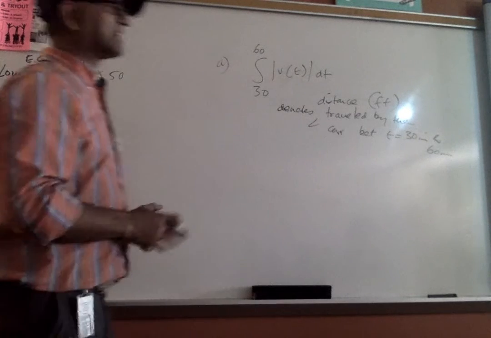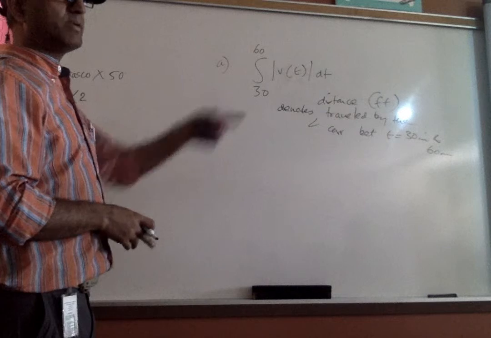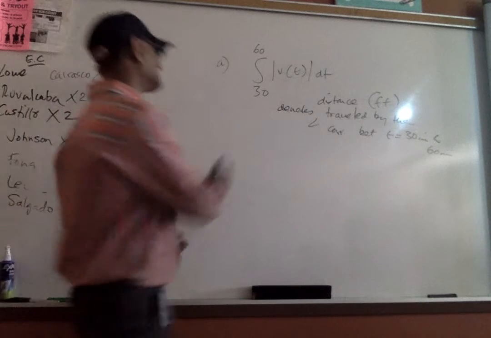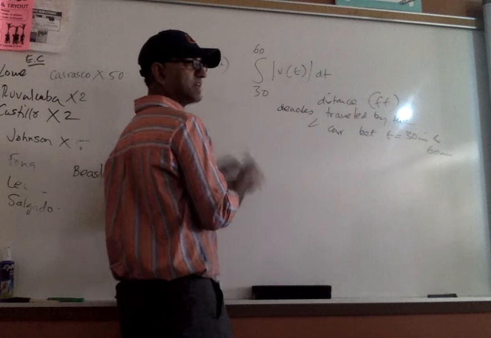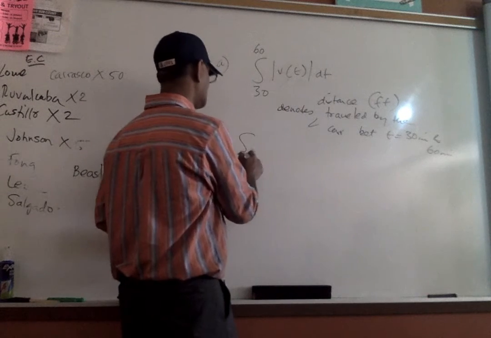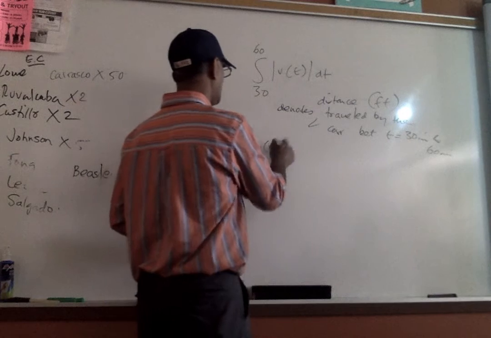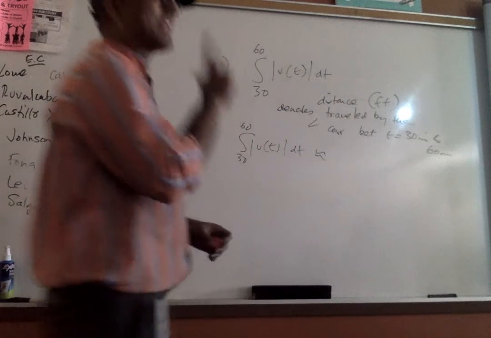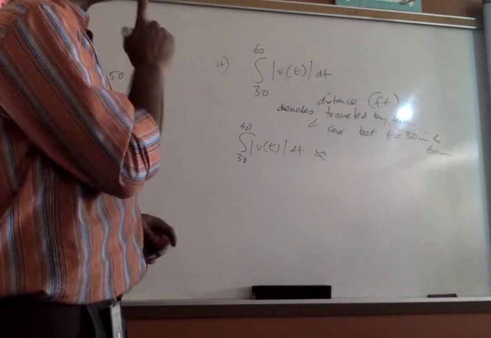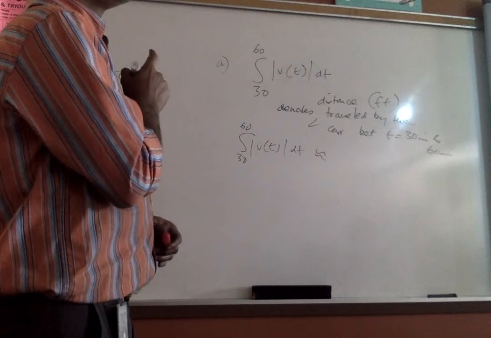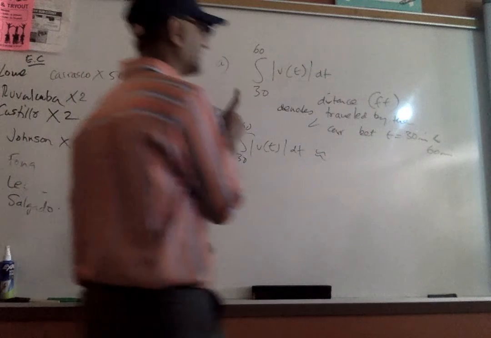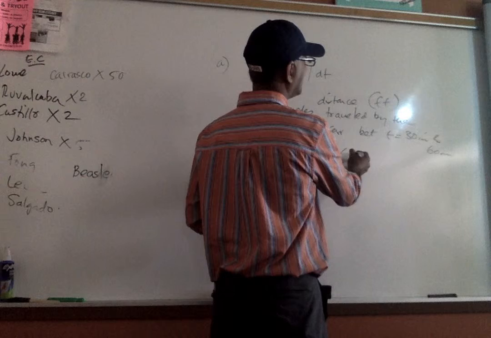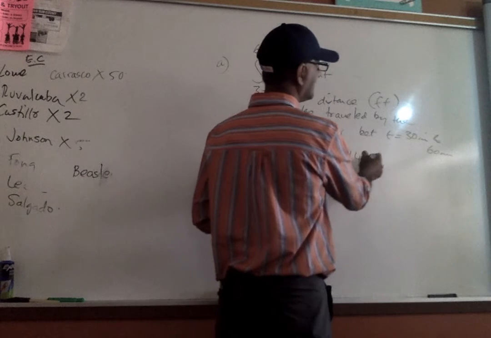Okay, we'll only set it up. Continue reading A. It also says use a trapezoidal Riemann sum. So observe notation. I, being a good teacher, show the left-hand side. The integral from 30 to 60 of absolute value V of t dt is approximately... Now pay close attention. This is the tricky one. We're using a trapezoidal Riemann sum. So who can tell me how that works? 14 plus 10.